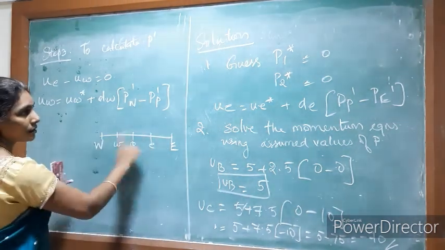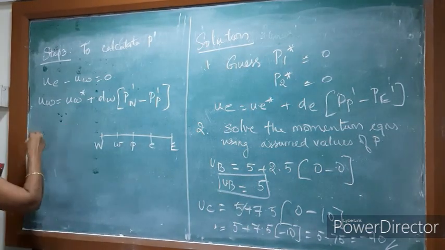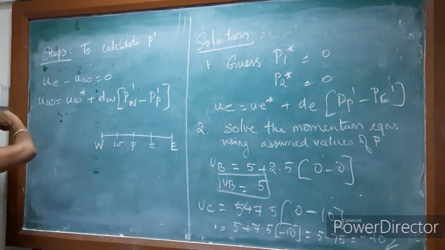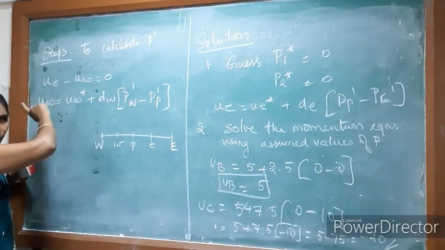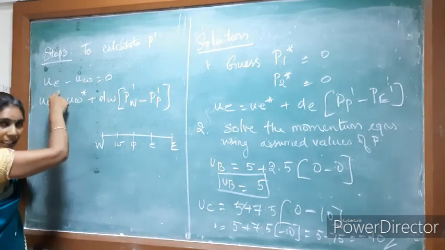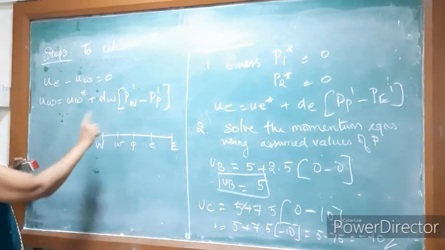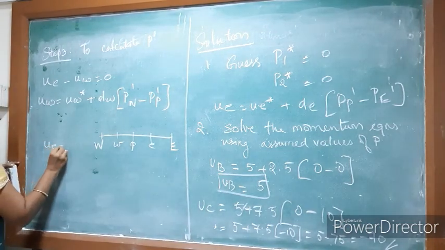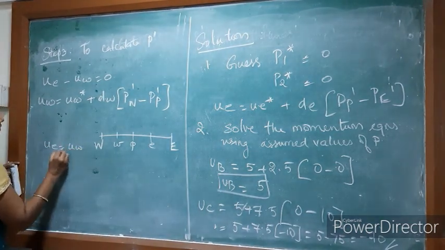Okay, let this remain for some time. Now I'm going to substitute the values of UE and UW here. I know the continuity equation has to be satisfied. So in the place of velocity at E and velocity at W, I am going to substitute these two equations. So what will I get? This is understood that UE equals UW, right?